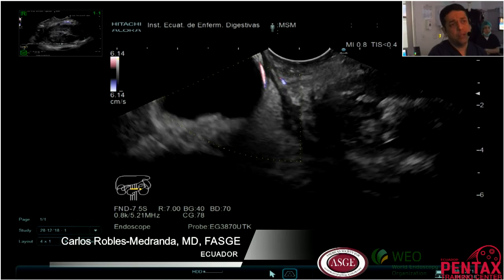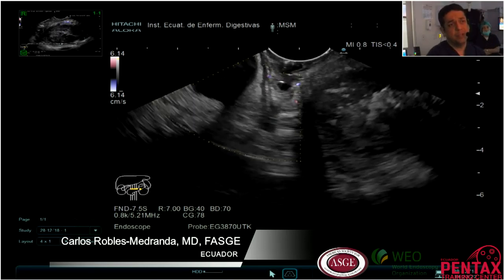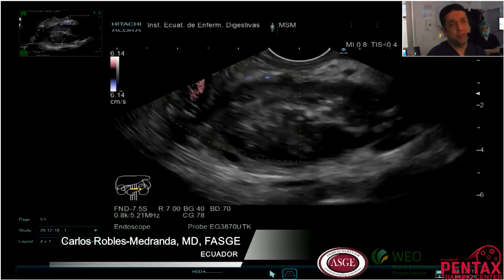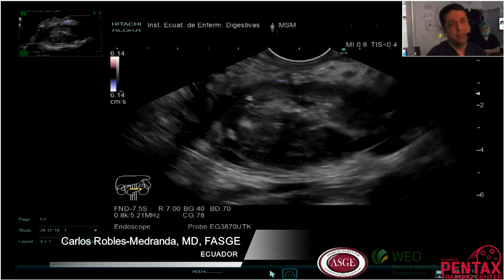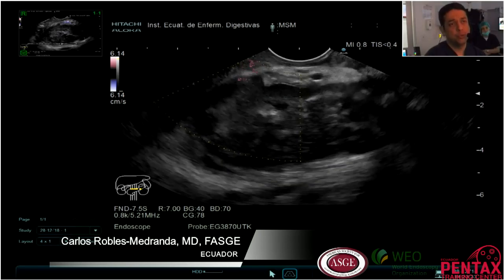So how can we treat this patient? First, we need to treat the big problem that this patient has now, this pancreatic pseudocyst with wall of necrosis.